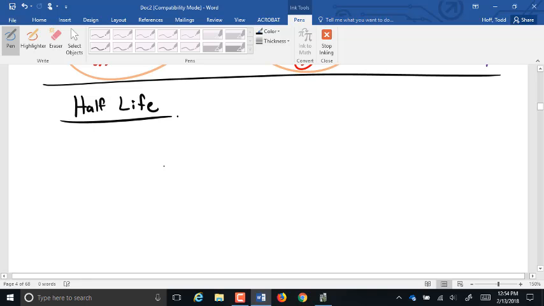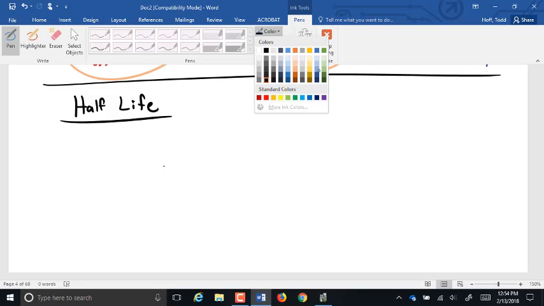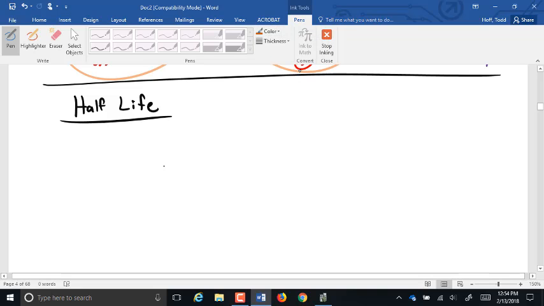Half-life is mostly for radioactive materials, but there are other materials that will decay at a given rate. If you have accounts that are losing value at a certain percentage for a period of time, things like that will also experience a half-life. But let's say we're looking at radioactive material.